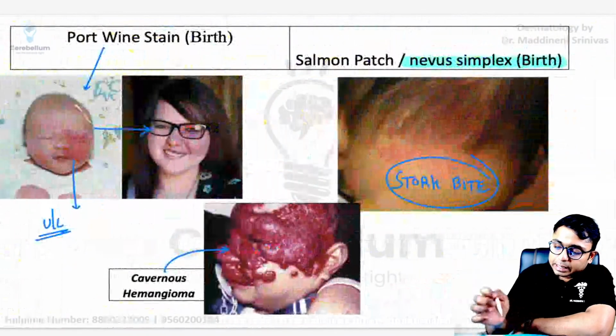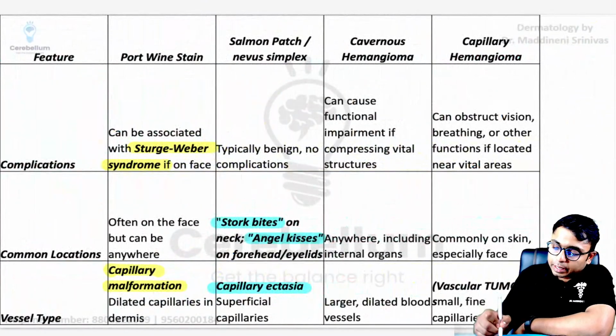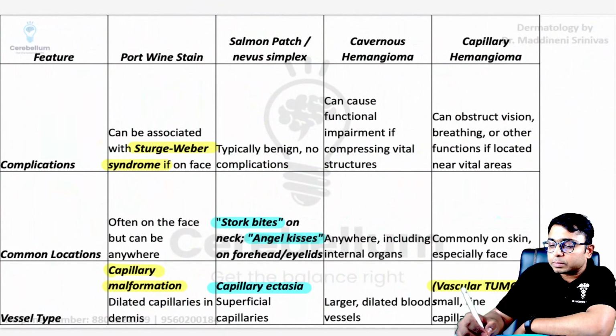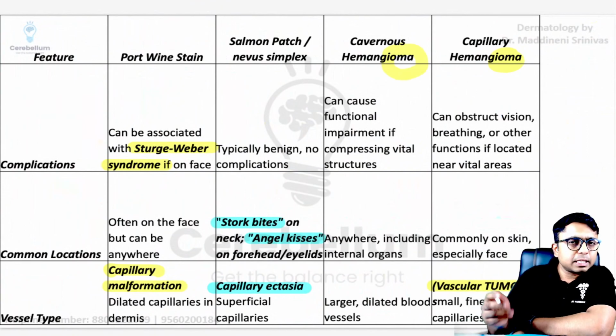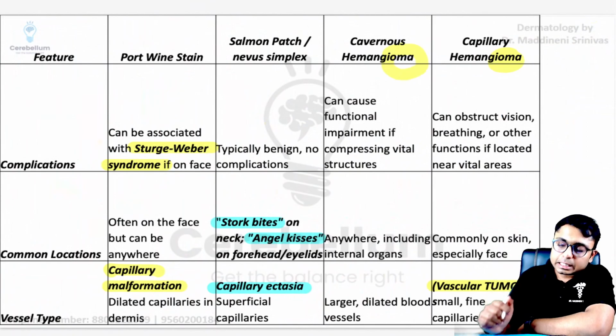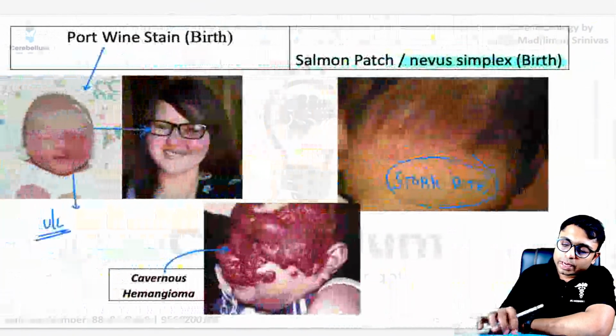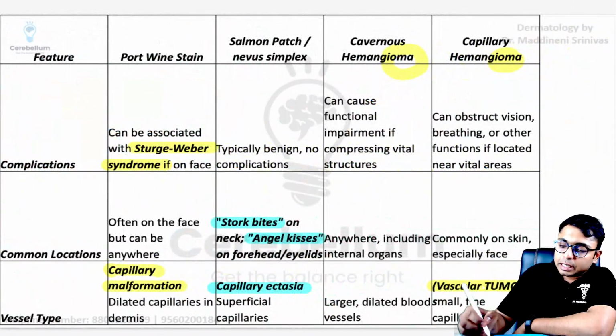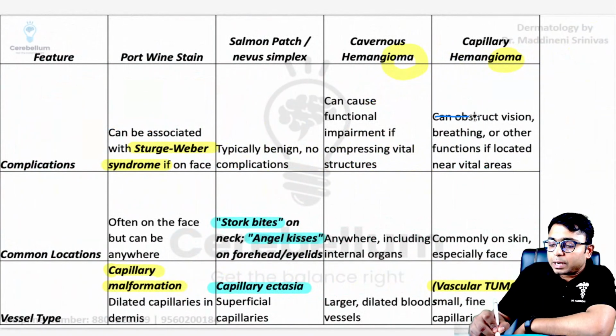And you can see that it is a vascular tumor, as you are able to see from the name itself, cavernous and capillary hemangioma. Oma is there. Oma is nothing but a tumor. It could be benign or malignant. Here it is a vascular tumor.